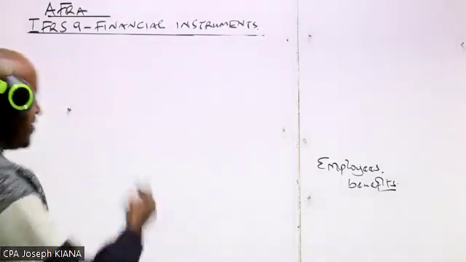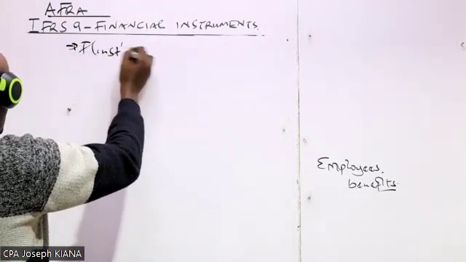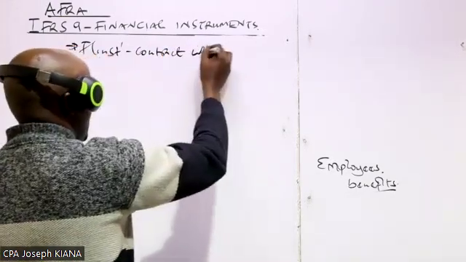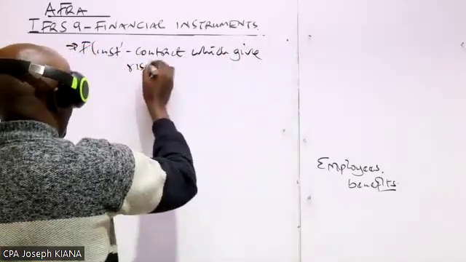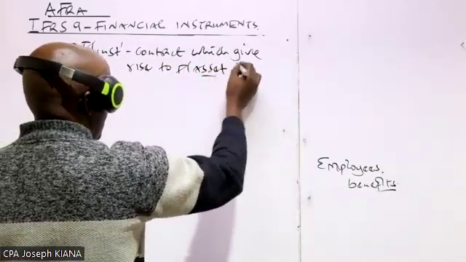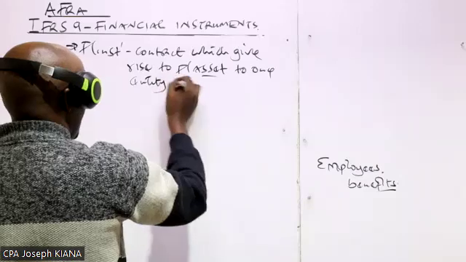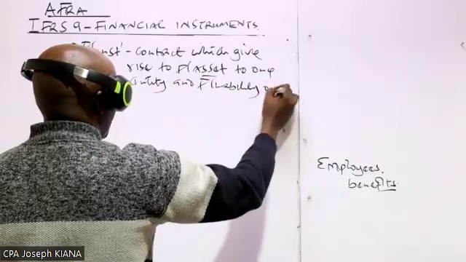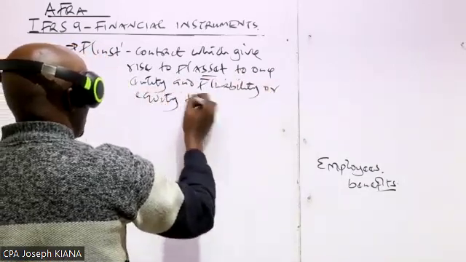So therefore, a financial instrument is a contract which gives rise to financial assets to one entity and a financial liability or equity to another entity.